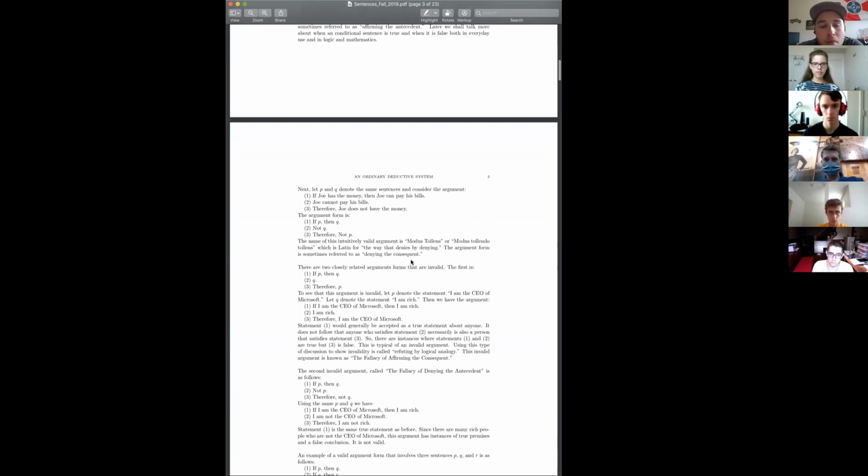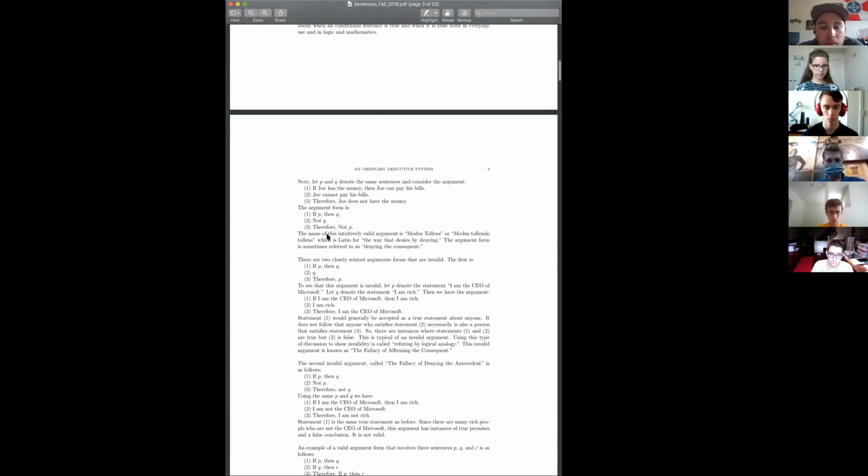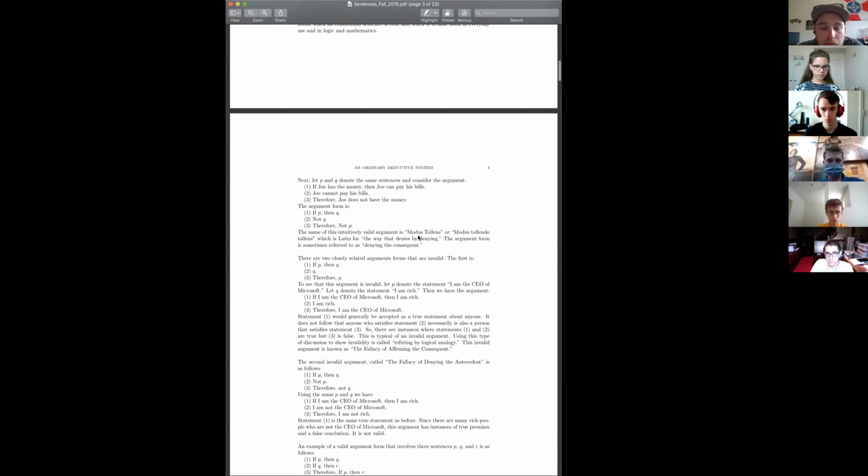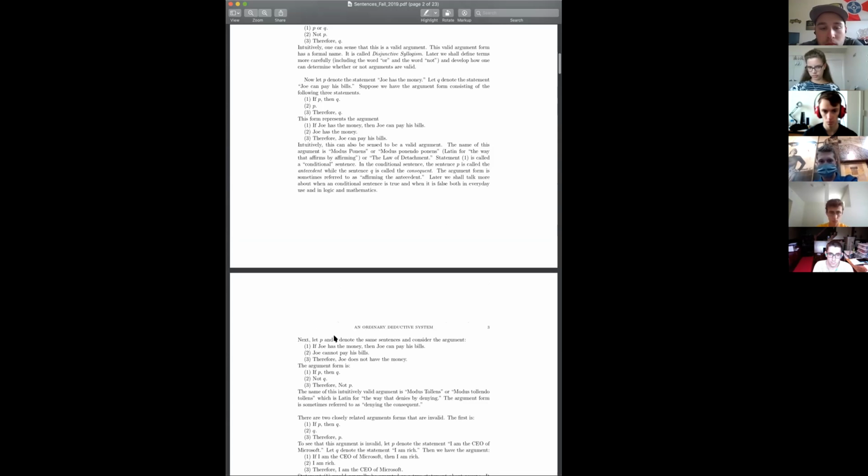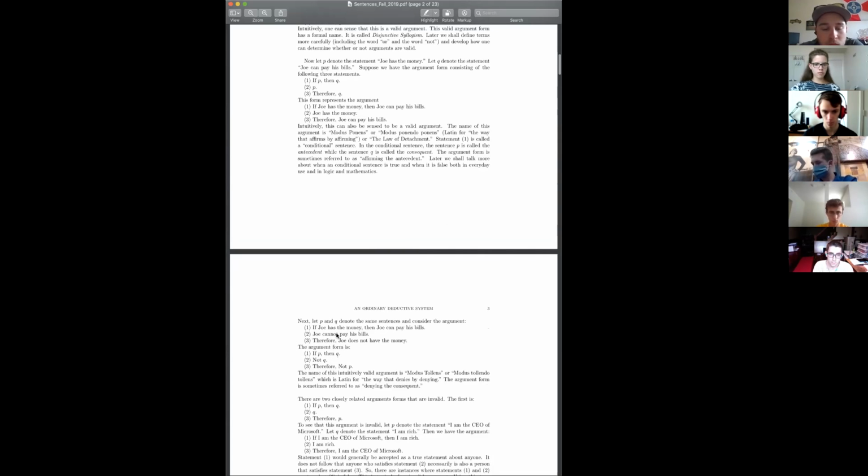Anyway, here's the symbolization of it, and fine. This one is called modus tollens. And this says, if Joe has the money, Joe can pay his bills. Joe can't pay his bills, therefore, Joe doesn't have the money. And when you symbolize that, that's if P then Q, not Q, therefore not P. We will use that a lot also. Okay? This modus ponens and the modus tollens are the most useful things we use in logic.